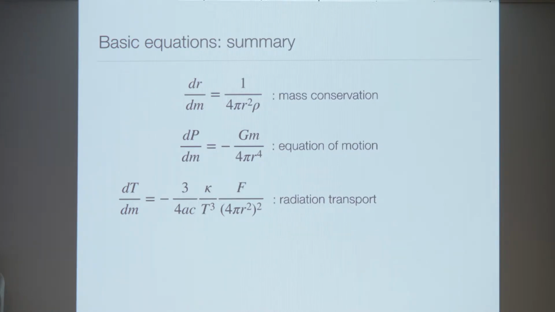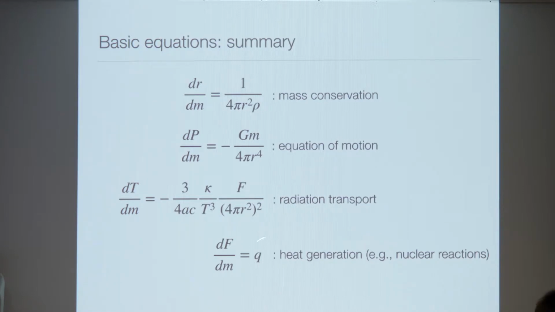And of course, we also have another equation which is about heat generation. So far I didn't include any nuclear energy from the star. This flux you saw from inside the star is basically provided by the nuclear energy.